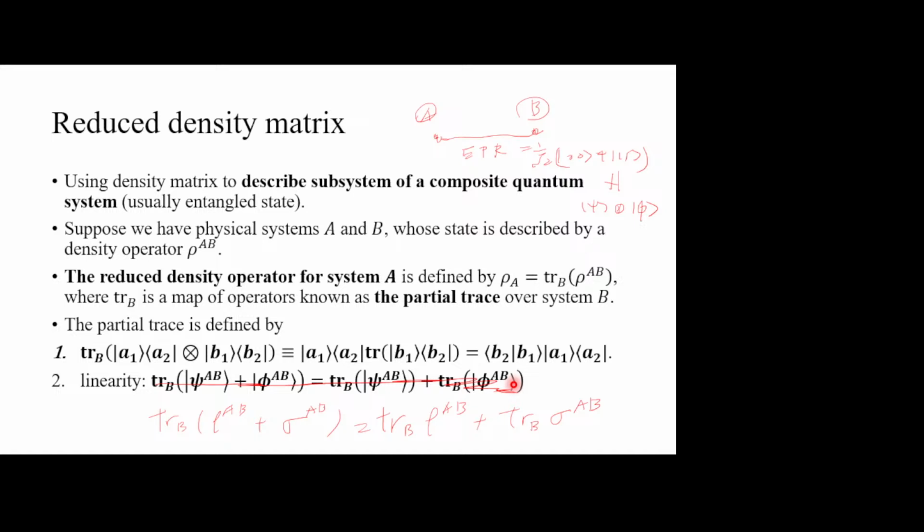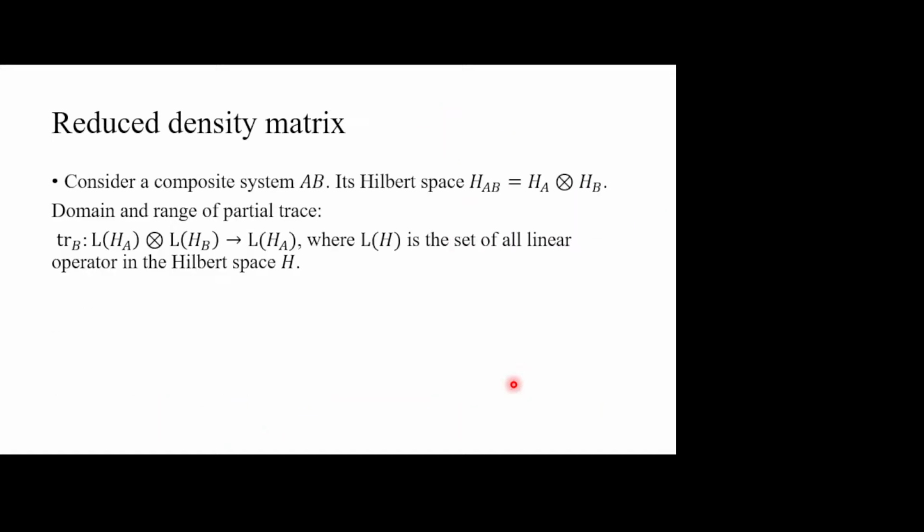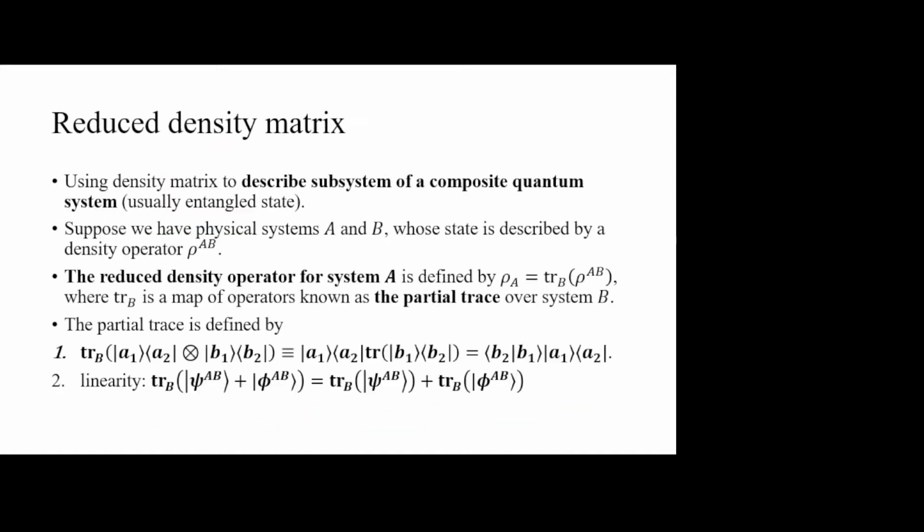So that's the reduced density matrix, and here we talk a bit about its domain and range. You have a composite system with Hilbert space HA tensor HB. Basically what we want to say here is about the partial trace operator.